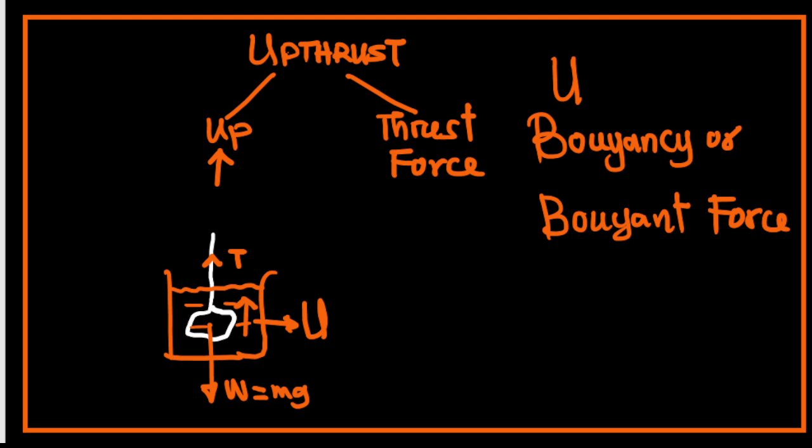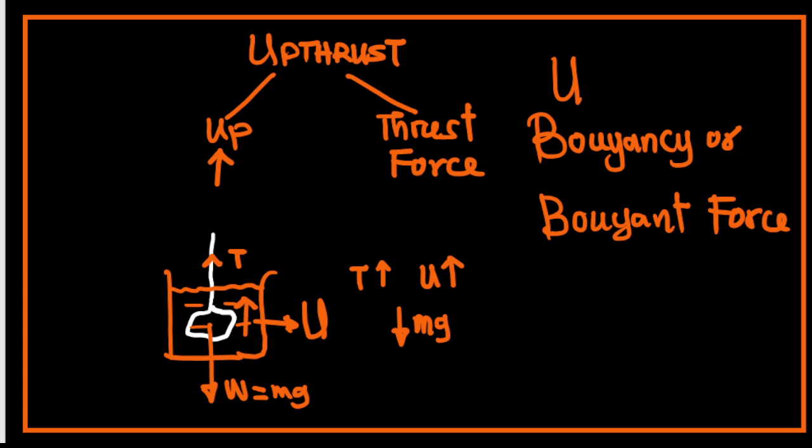Okay, so from here we have forces: T acting upward, where T is the tension in the string; U acting upward, where U is the upthrust; and another force, weight, W or mg, acting downward.